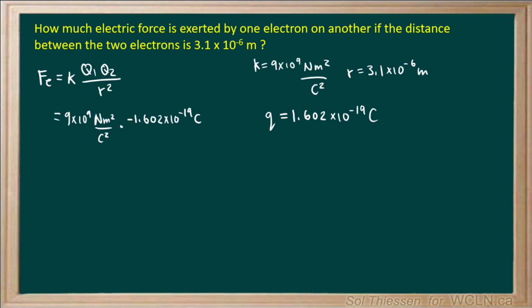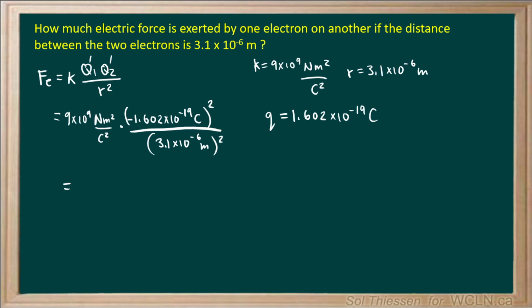Since Q1 and Q2 are the same, I'm just going to save some writing: we write negative 1.602 times 10 to the power of minus 19 coulombs, squared, since we have it being multiplied twice. And that's divided by r squared, which is 3.1 times 10 to the power of minus 6 meters, squared.